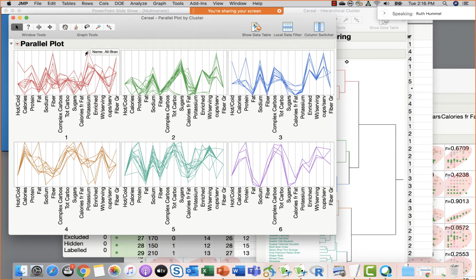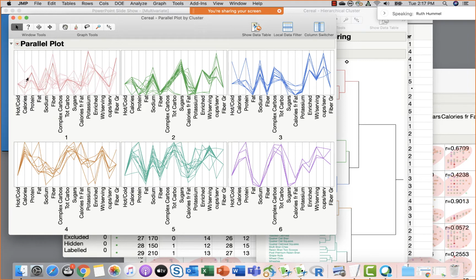So All-Bran has super high potassium, but All-Bran has maybe medium on this enriched variable. It has kind of medium on weight per serving, kind of medium on cups per serving compared to at least the rest of its members in its group, but kind of low in general, and pretty high on this last fiber variable. This guy also really high on fiber, low on fat.